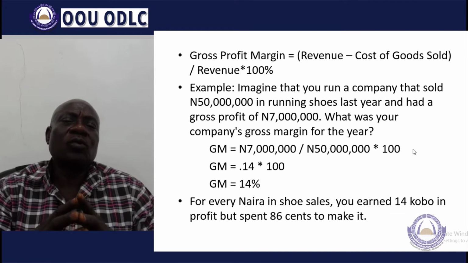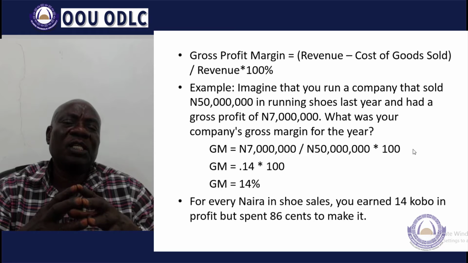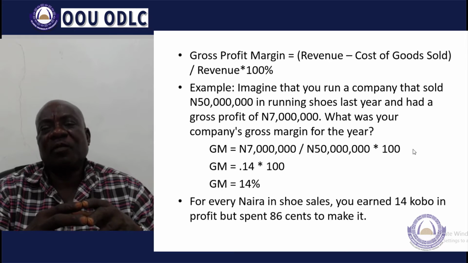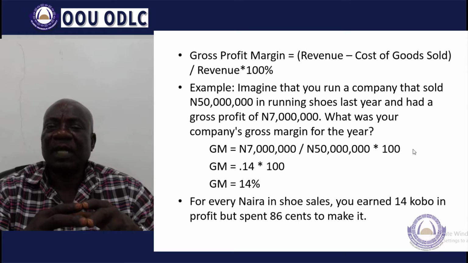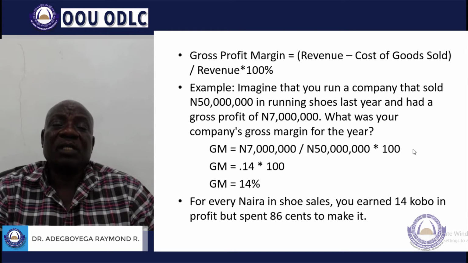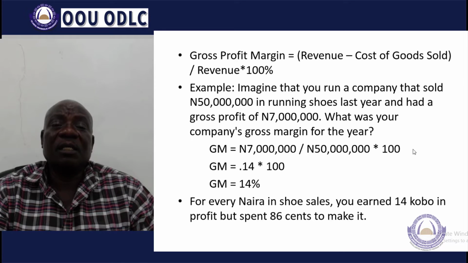We normally use this gross profit margin to look at how much a company earns from its sales and activities at a particular period of time, which may be a month, a year, or depends on the period the company is taking into consideration.